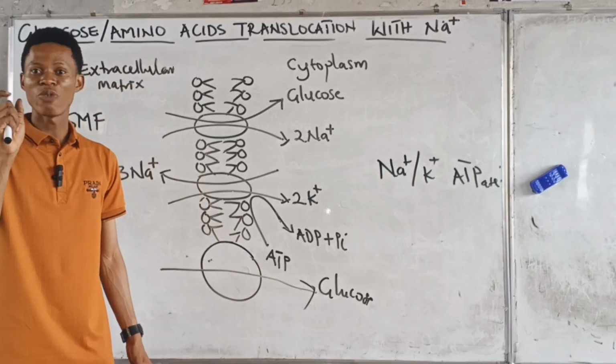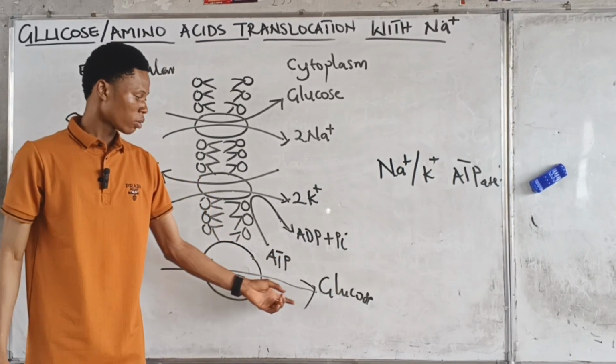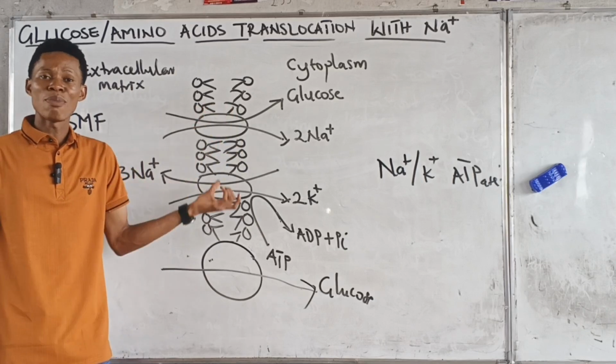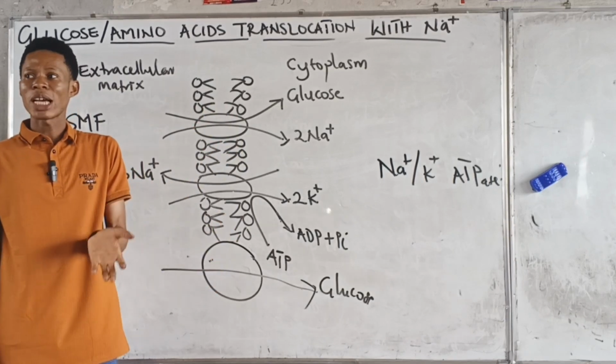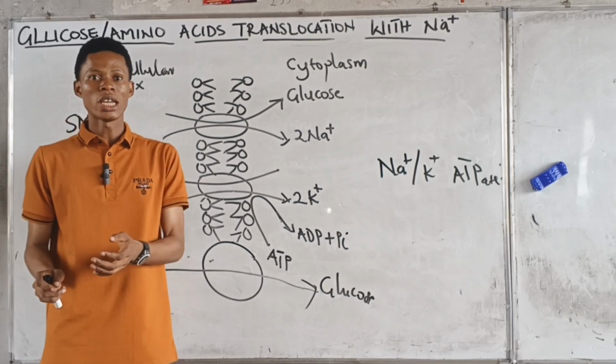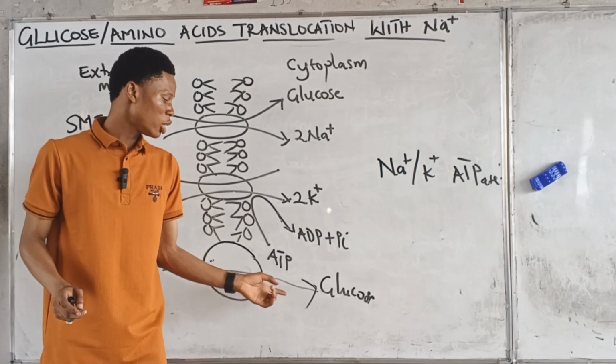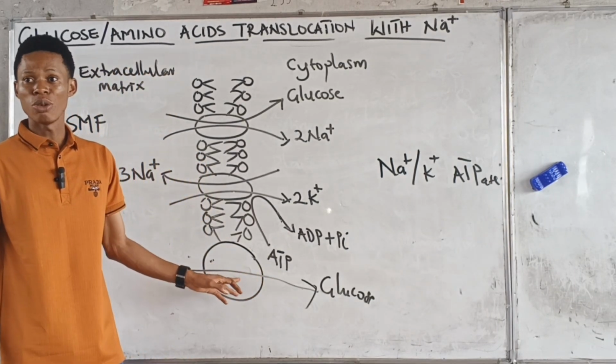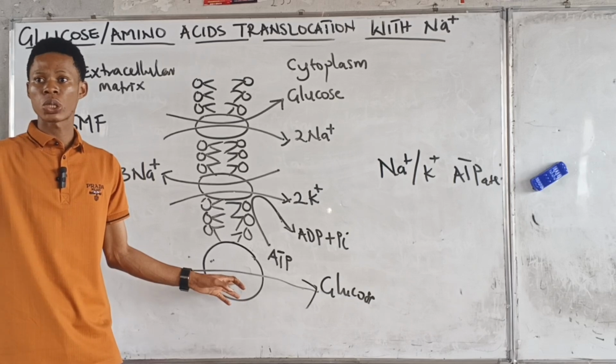And remember the steps involved in the transport of a molecule. First, depending on where this cell membrane is, whether in the plasma, in the brain, or in the erythrocytes, it will determine the glucose transporter that will be used here. Remember, we have 5 isoforms.